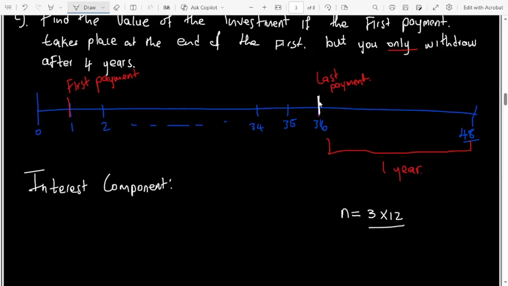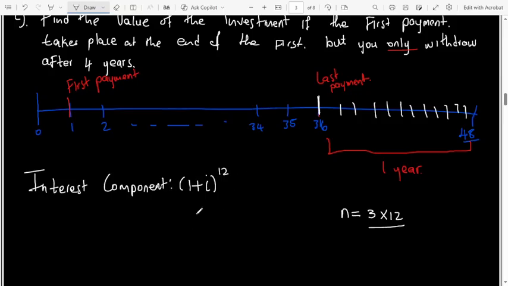This is where we're going to make the last payment. The interest component will be 1 plus I to the power of the number of months we're going to leave that amount, which is the difference between 48 and 36, which is 12. We're going to leave it for 1 year. So that is your interest component.